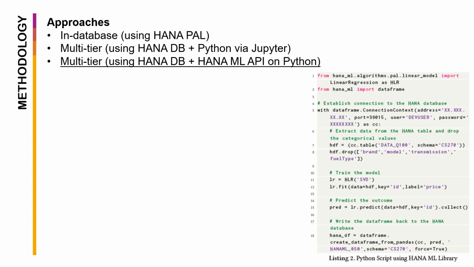But instead, we are simply scripting the instructions on the Jupyter or Python layer. So what happens here is that all the code, or all the functions used from the HANA ML API library, are all SQL calls back to the HANA database.